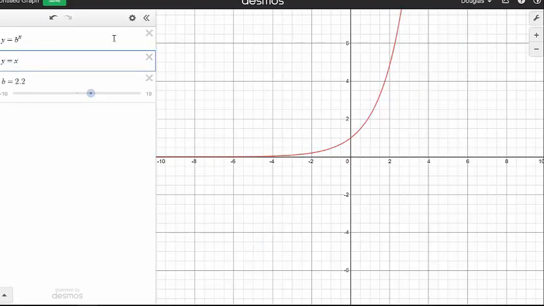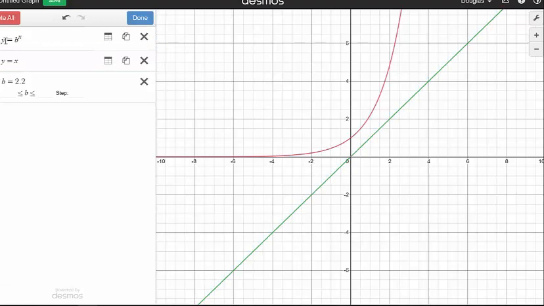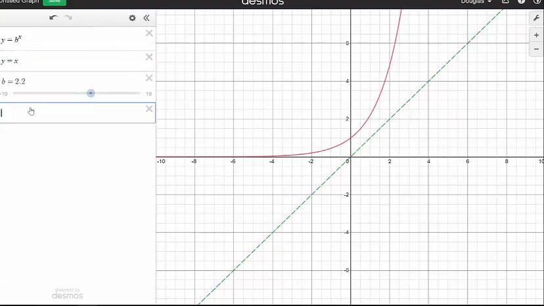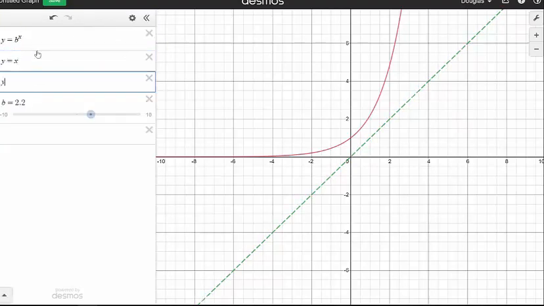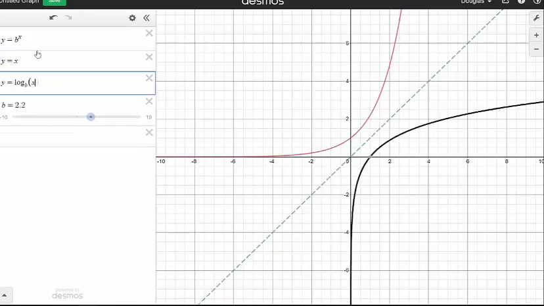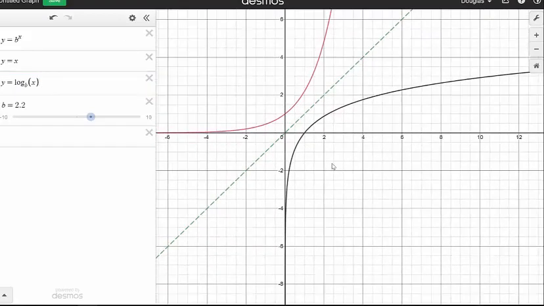Make this a nice dashed line. Then y equals log base b of x. And so note that we have this nice symmetry going on, right? Right about the line y equals x. This is exactly what we would expect to see from two inverse functions.